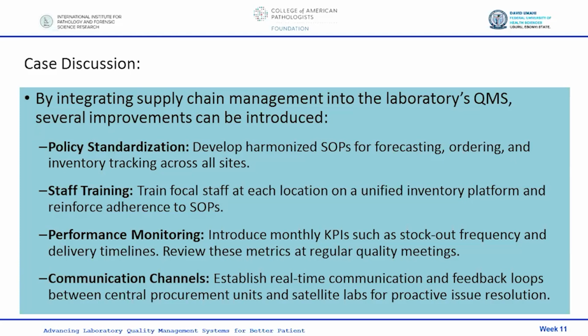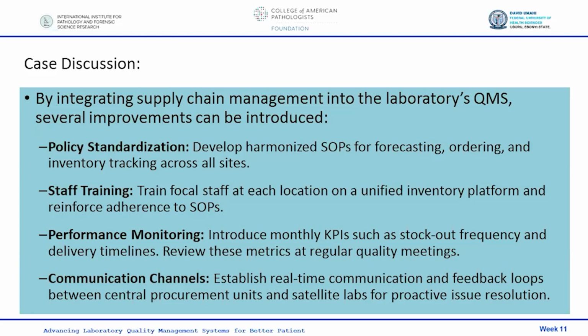Another one is performance monitoring. It is important to introduce in this lab as a solution. You have to introduce monthly key performance indicators such as stockout frequency, delivery timelines. Review these metrics at regular quality meetings to know whether you're improving or not.